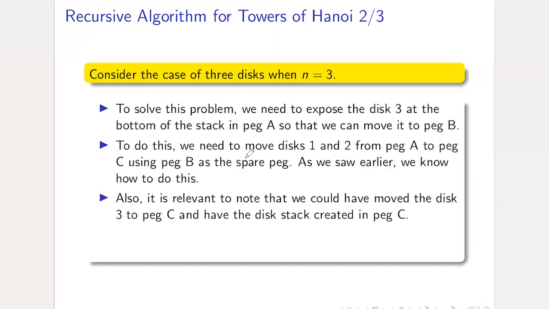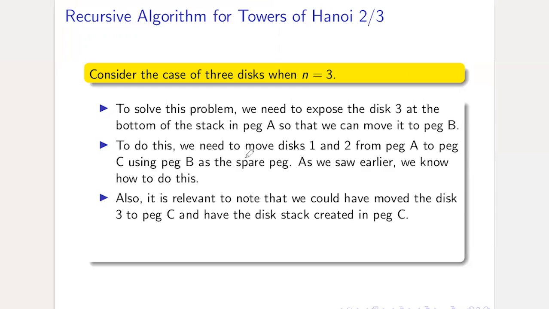If you look at our original problem, A is the source peg. Initially, all the disks are there. B is the goal peg. Ultimately, all the disks should be there. C is the spare peg.